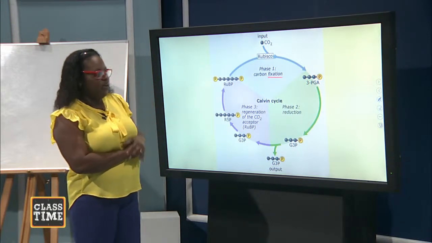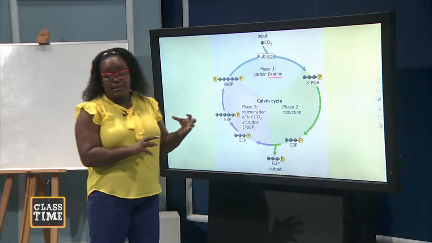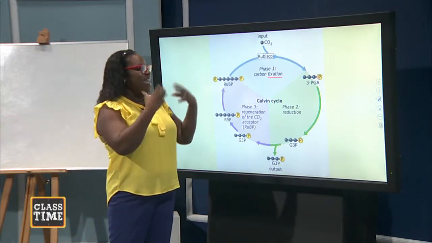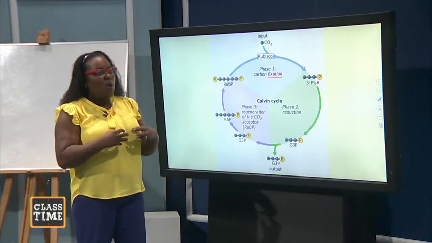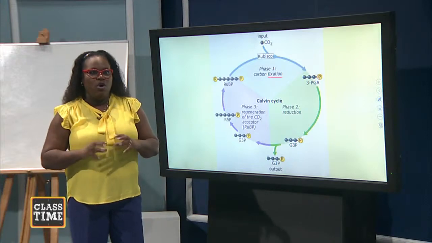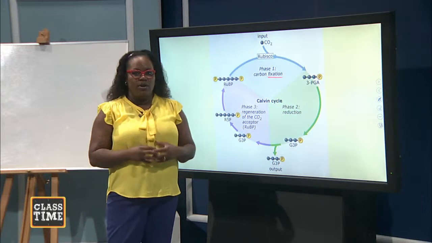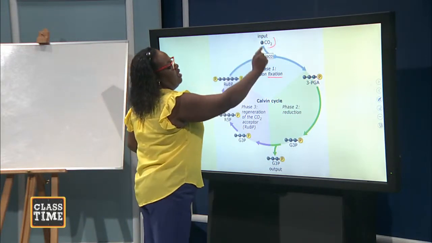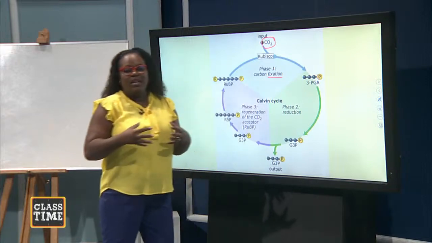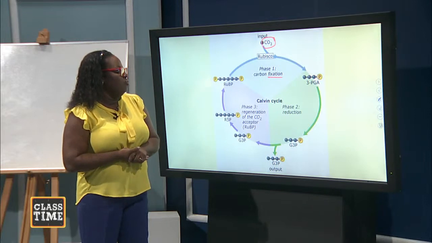Fixation, in biology, is the process by which some inorganic form of an element is incorporated into the biota of the environment, which means into the living organism. So carbon dioxide as a substance cannot be utilized by living things, okay? It doesn't really have much use.